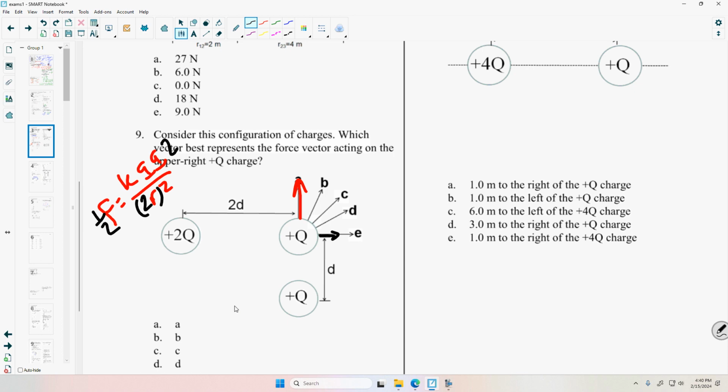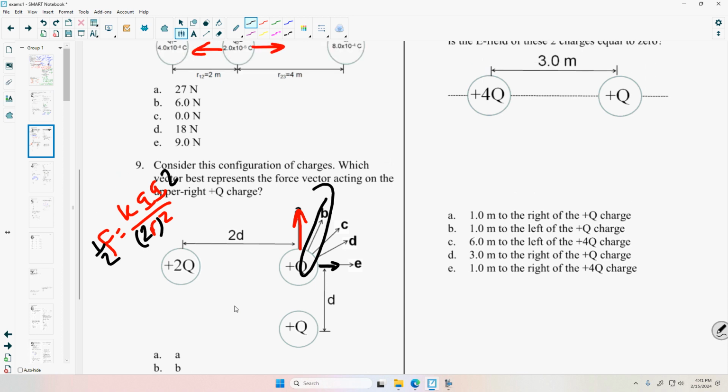So my force due to that one is going to be in that direction. That means that B is the right answer. If they were the same, it would be C. If this one's bigger, the result is going to be closer to that one. Okay? Yes, you're going to have one very similar to that. It would just be a different configuration, but work in the same way.